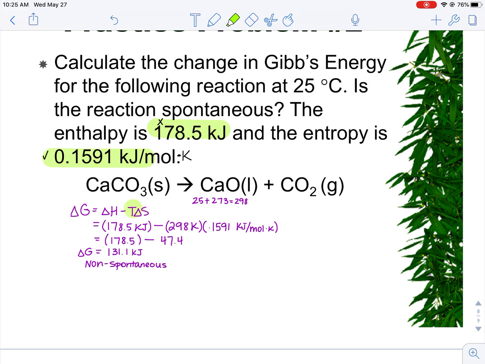If that T delta S value was able to dominate, in other words, if this 47.4 was larger than the 178.5, then our answer would have been negative, and it would have been a spontaneous reaction. So which is more favorable all depends upon the temperature and whether that T delta S will dominate compared to the non-favorable enthalpy.